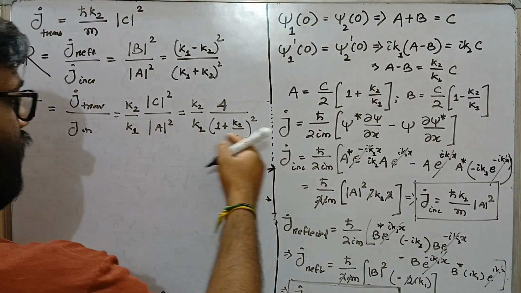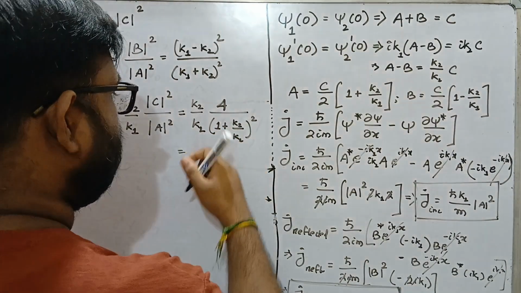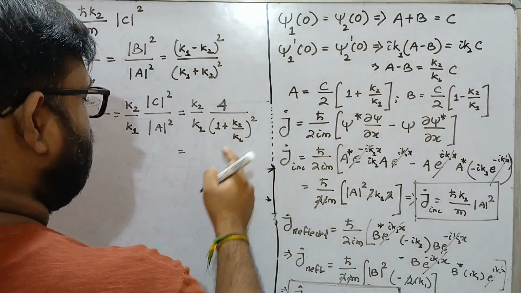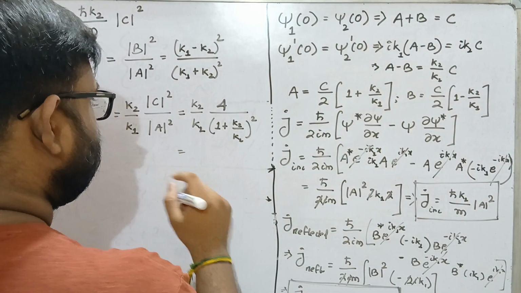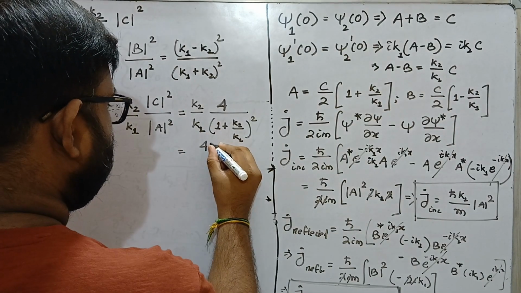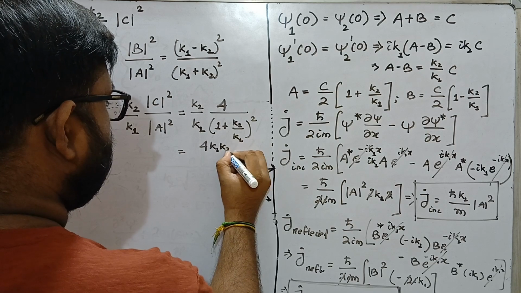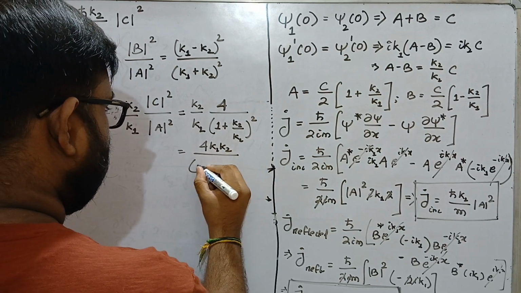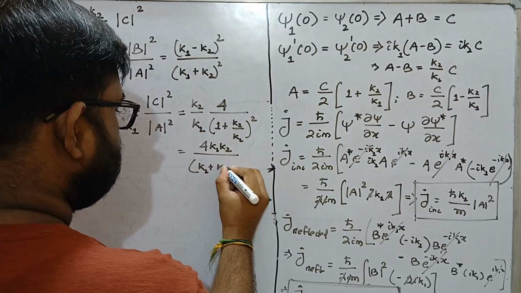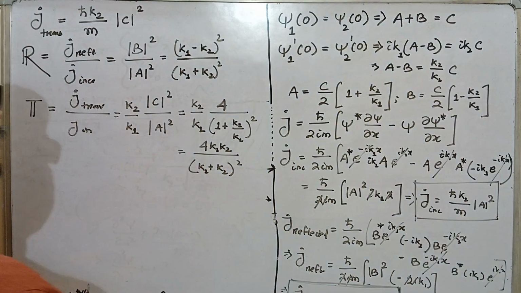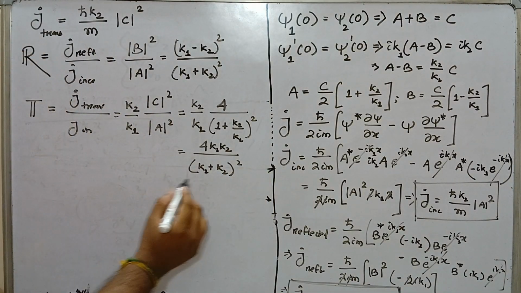Now if we take k1 common and take the LCM, we will have 4 k1 k2 by (k1 plus k2) whole square. This is your reflectance, this is your transmittance.